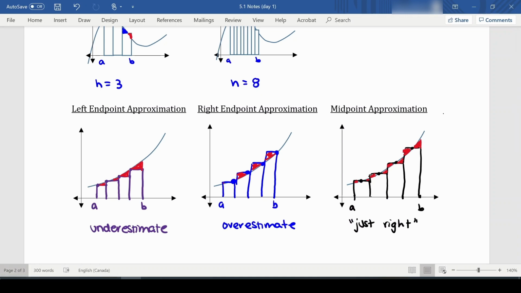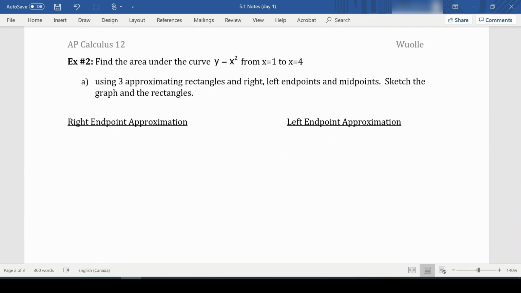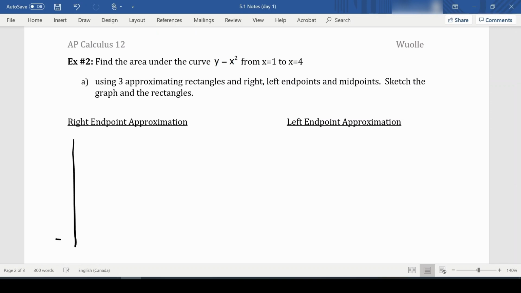So let's try some questions. We're going to find the area under the curve of y equals x squared from x = 1 to x = 4 using 3 approximating rectangles. And we're going to try it with each of these methods. We're going to start with the right endpoint. The first thing we need to do is sketch our curve. This is a sketch, it's not going to be exact.